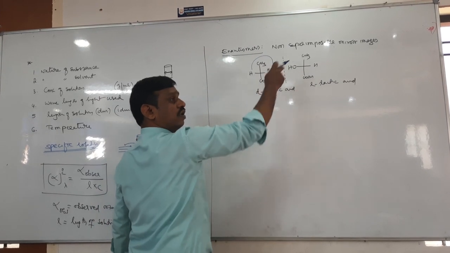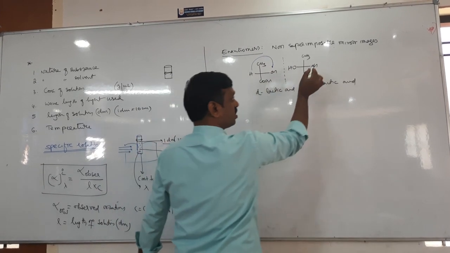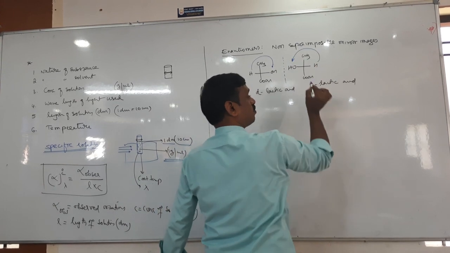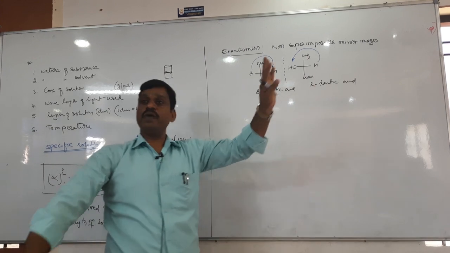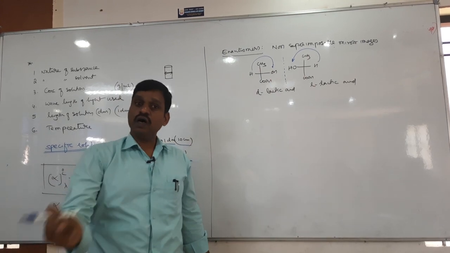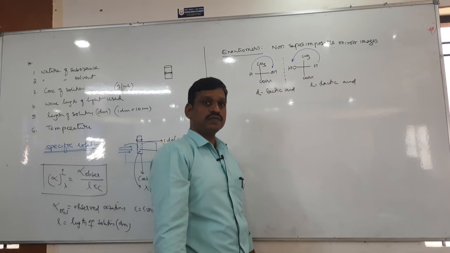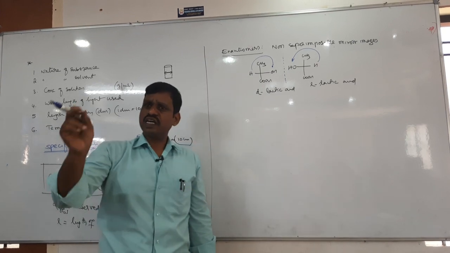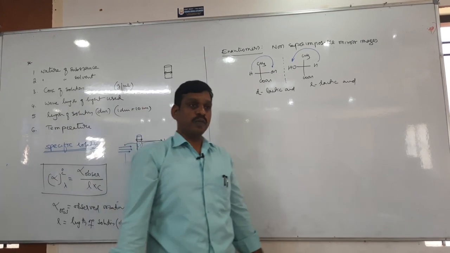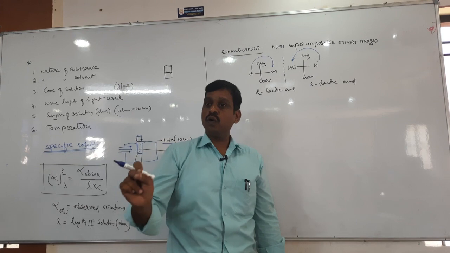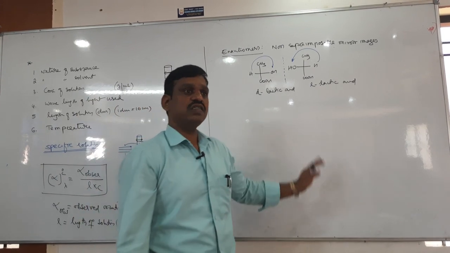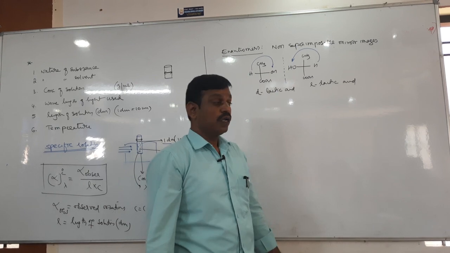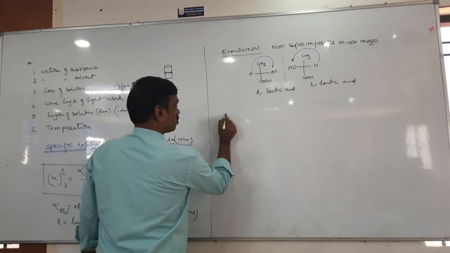H to OH, right side. H to OH, left side. So one can rotate PPL to the right side, another can rotate PPL to the left side. But they have similar physical properties, and identical chemical properties. So they differ only in rotation of plane polarized light. That is enantiomers. Next is diastereomers.